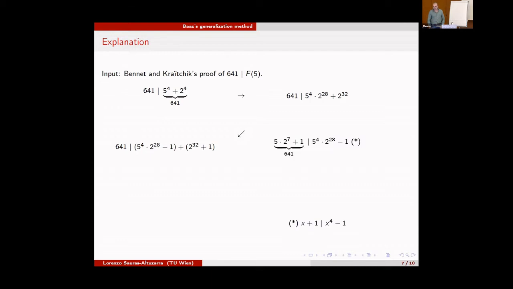Here, in another branch, we use a property of polynomials that x plus 1 divides x to the 4 minus 1. And in our concrete case, we have that 641 can be written as 5 multiplied by 2 to the 7 plus 1, and this instance looks as displayed.